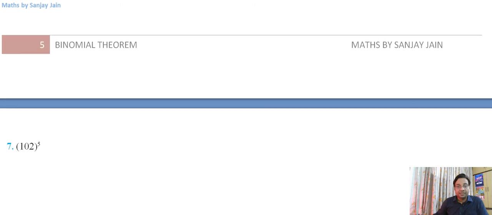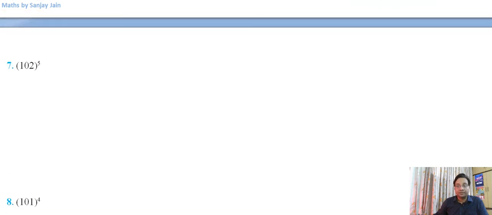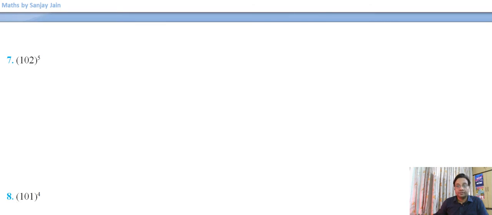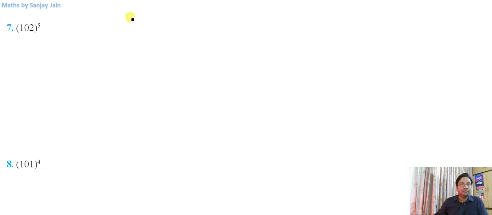Next we have is 102 raised to power 5. So I'll write it as 100 plus 2. That will be the most appropriate way to go about it, right? Is there any other way that you can think about it? So this seems to be the way.